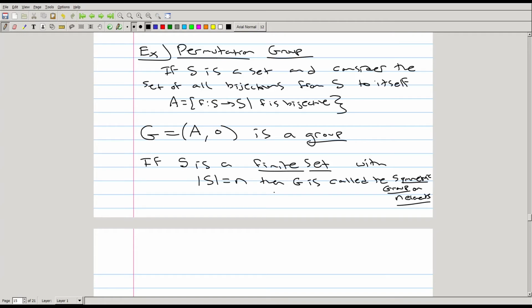And when we get into counting, we'll actually show that there are n factorial elements in this group. And this is actually a relatively straightforward application of the product rule for counting from before. So this is a very special non-commutative group.